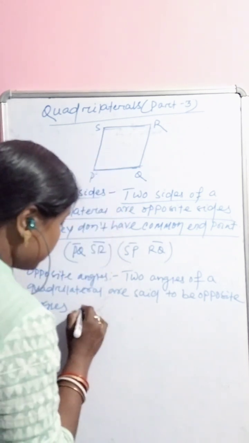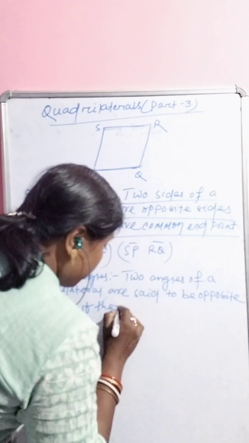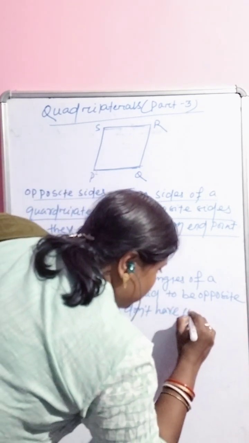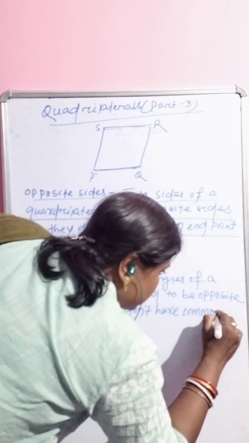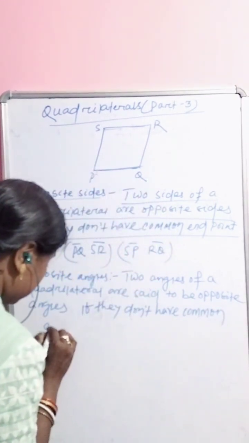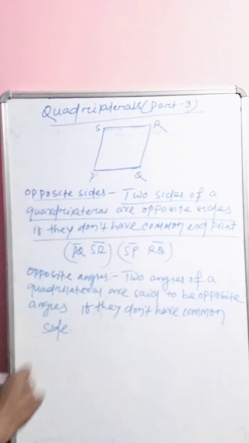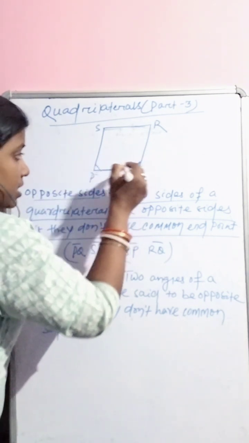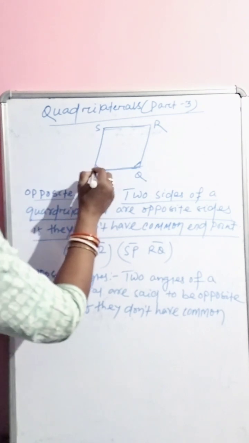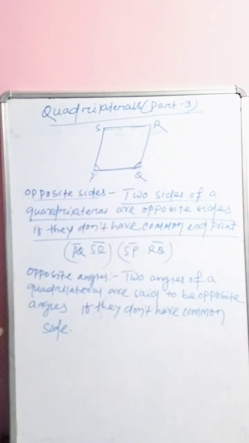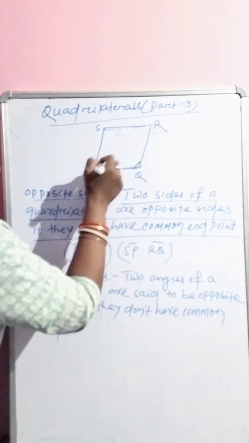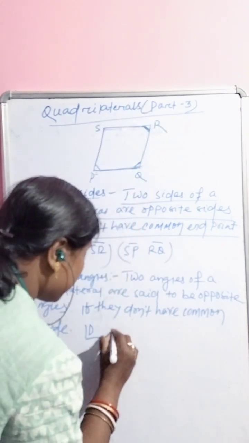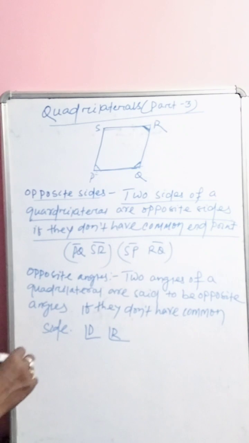That means if they don't have a common arm or common side. As you know, angles P and Q are called adjacent angles because they have a common side, PQ. But angle P and angle R are called opposite angles.